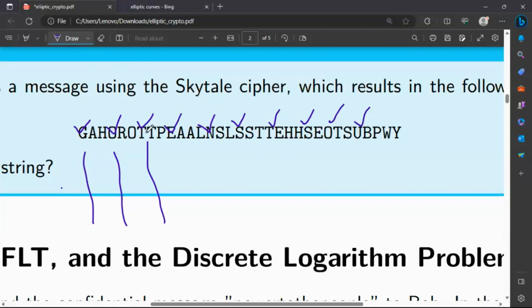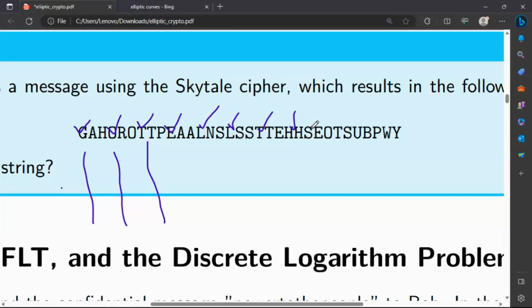Wait, am I doing the whole thing wrong? O T E L. Okay. I cannot do this. E A L L T H E S P.